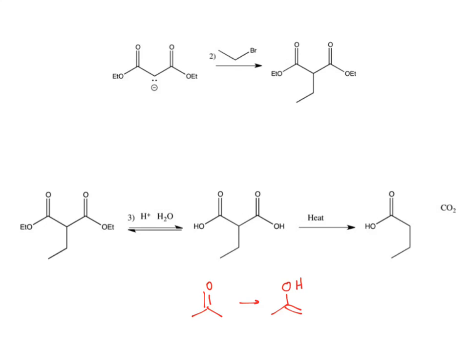Which way does that equilibrium favor? Always the ketone. Okay? Not always, but nearly always. That last step is what's known as a decarboxylation. D for removal, carboxyl for our CO2.